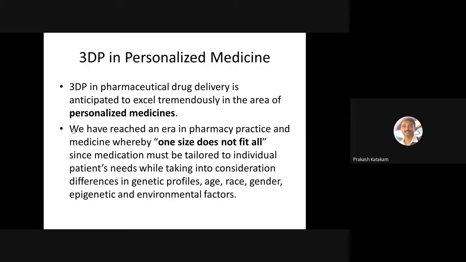Based on that, you have to adjust the dose. Say, for example, I have diabetes, I have a kidney problem, and I'm suffering from cancer. If the doctor prescribes the cancer drug, he has to consider all these parameters, pathological and others, and he has to tell the pharmacist to give a specific quantity of the drug.